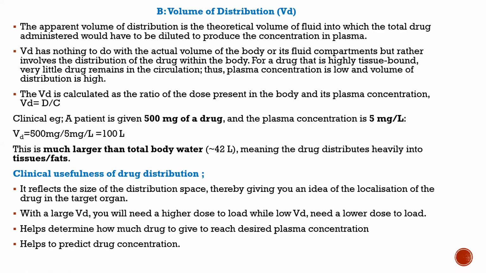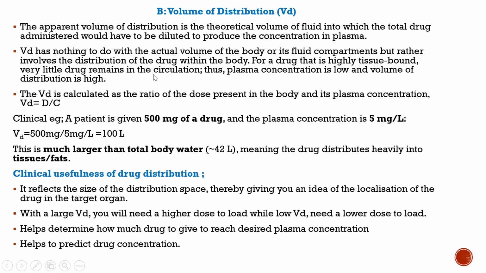Okay. So this is just trying to explain that when it comes to volume of distribution, it's not talking of the volume of other fluids in the body. It's talking of the volume of drug distribution in the body.